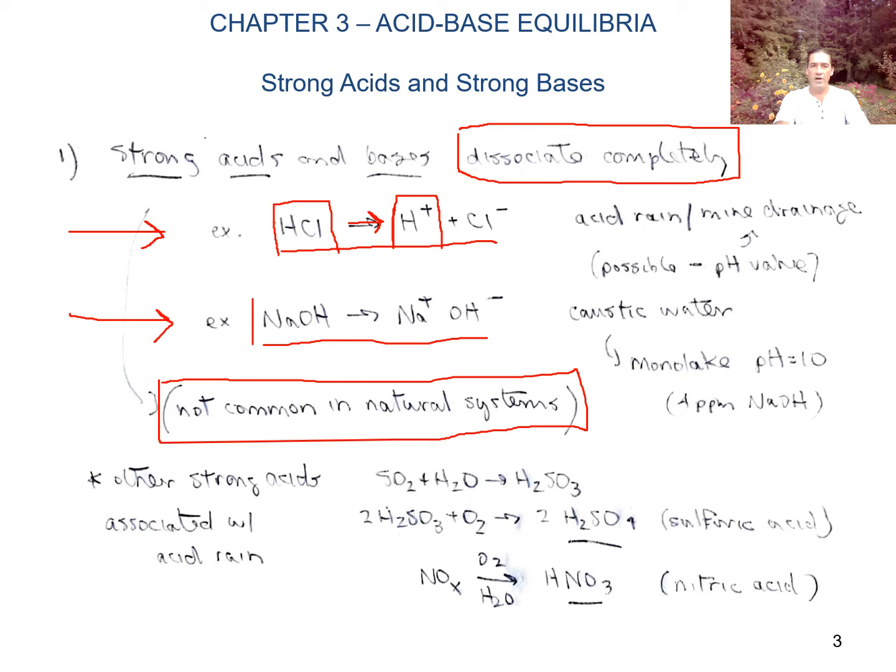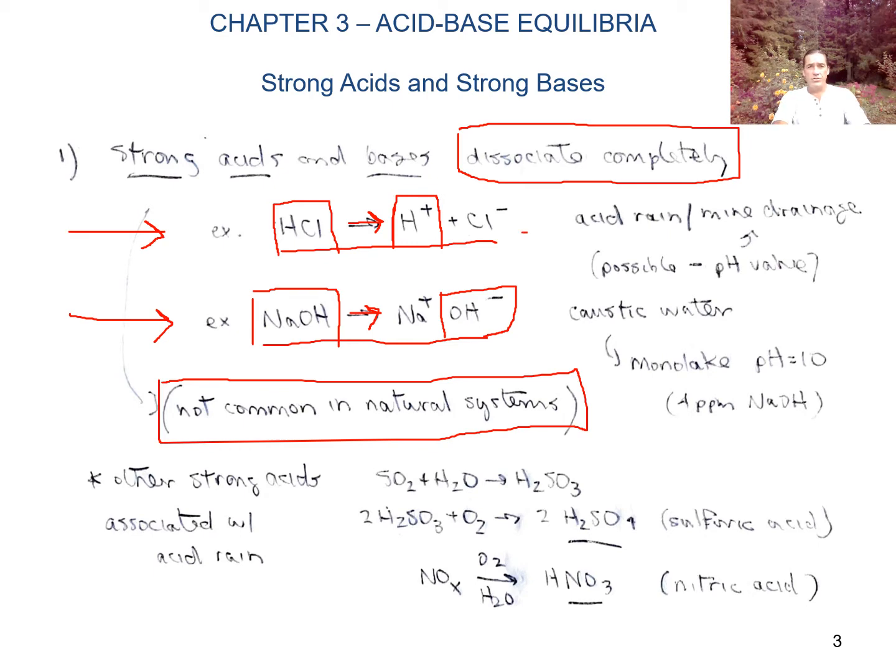Same goes for a strong base like sodium hydroxide. It does not stay in the form of sodium hydroxide when added to water. It completely dissociates, and this hydroxide will make the solution very basic. And that's going to be very different than what we see in natural waters, natural systems.